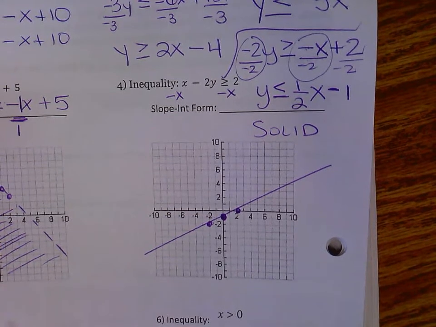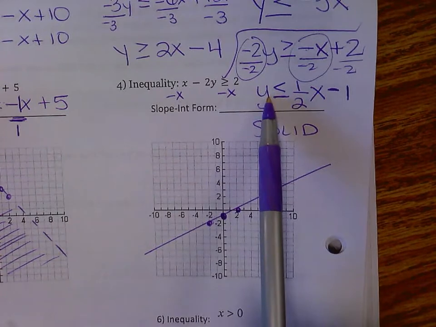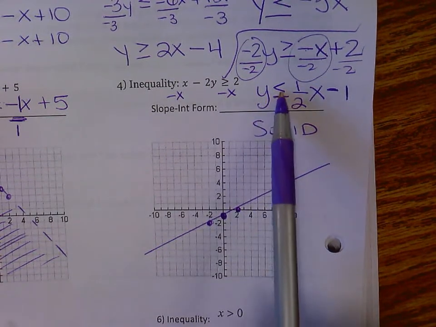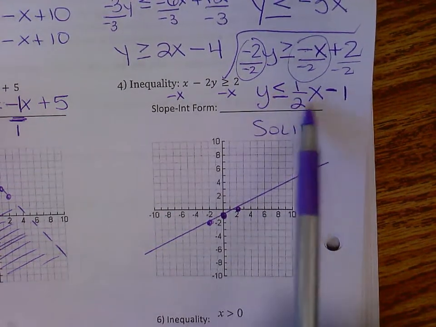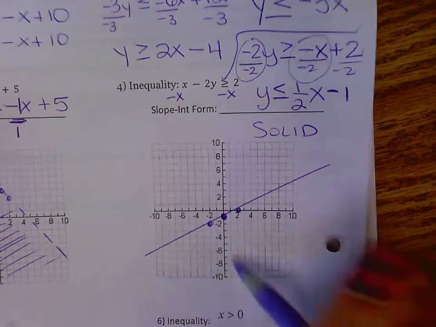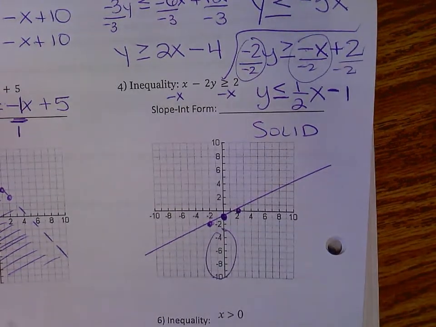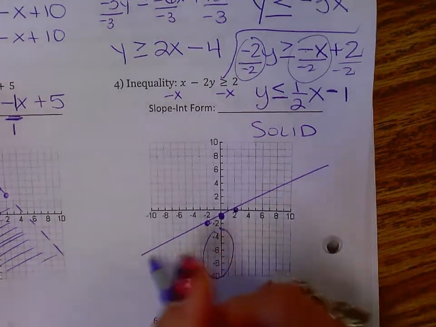All right. Who wants to take a guess about shading above or below this line? It is below because this says y, the y values are less than the value of the line. Where are the y values below the line? Down here. So I'm going to shade everything below this line.